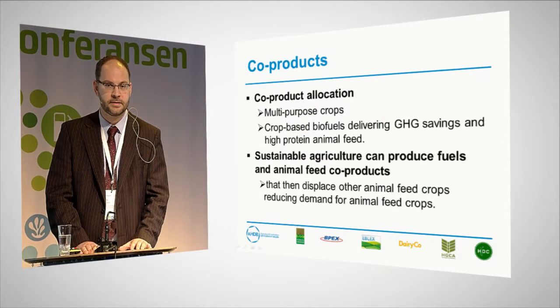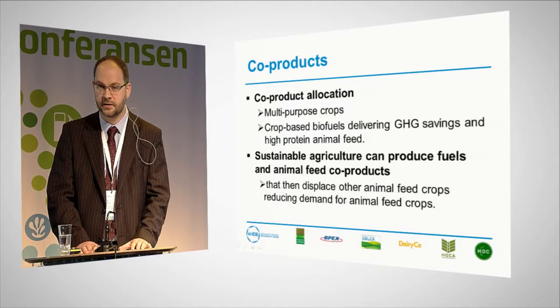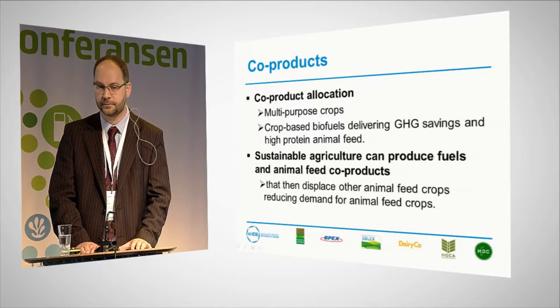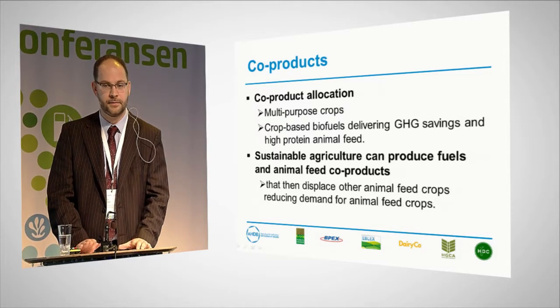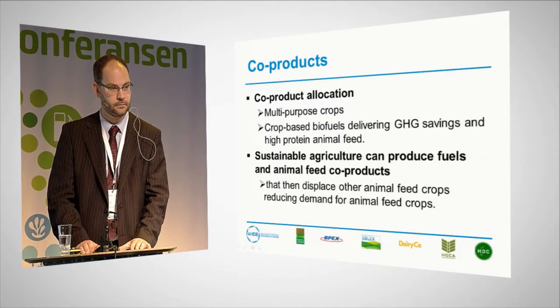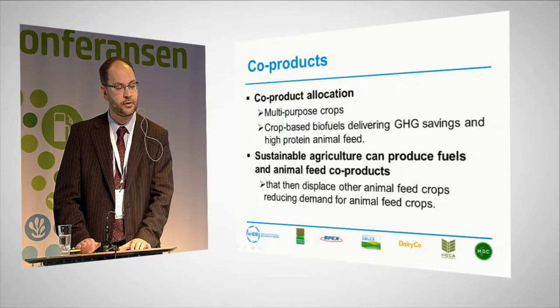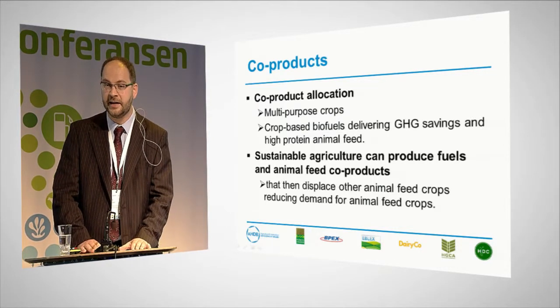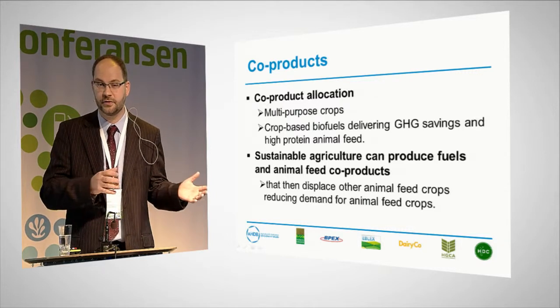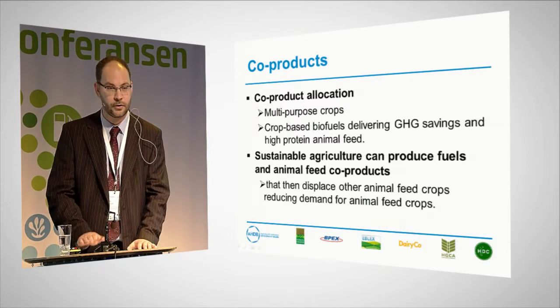One of the things that isn't always calculated into these models is co-product allocation. Basically, if you're using wheat to produce bioethanol, you're also producing a high-protein animal feed. Where co-product allocation is factored in, it's often done on the basis of energy, because that's what the European Commission's Renewable Energy Directive says: do it on energy.